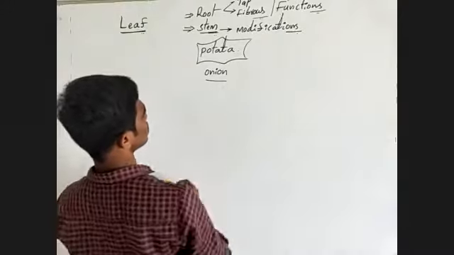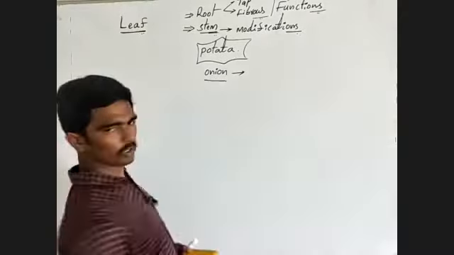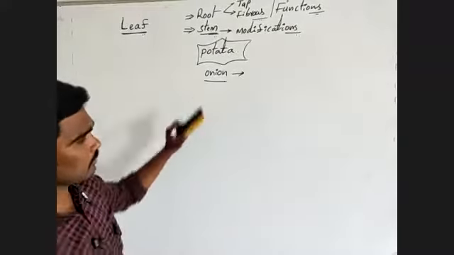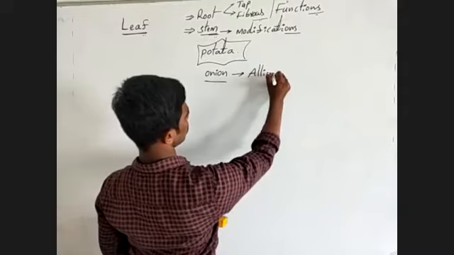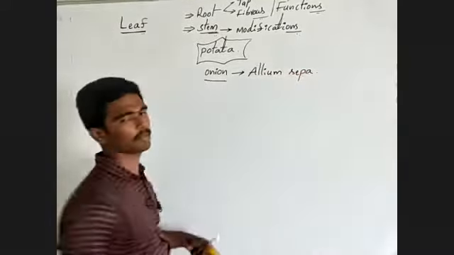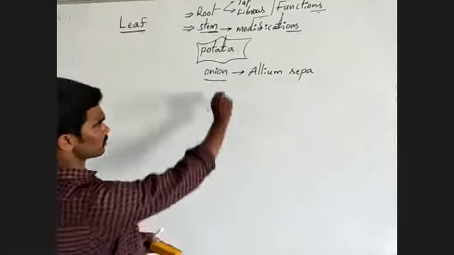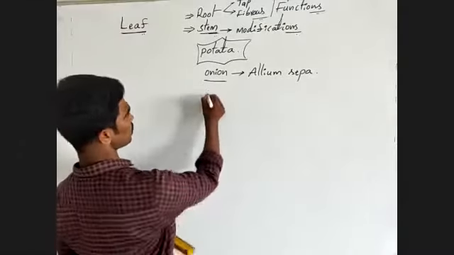Here, scientific name of this onion. Onion plant, scientific name is Allium cepa. Next, ginger. Zingiber officinale. Important one.